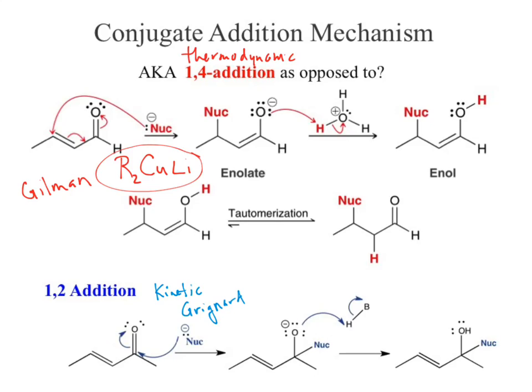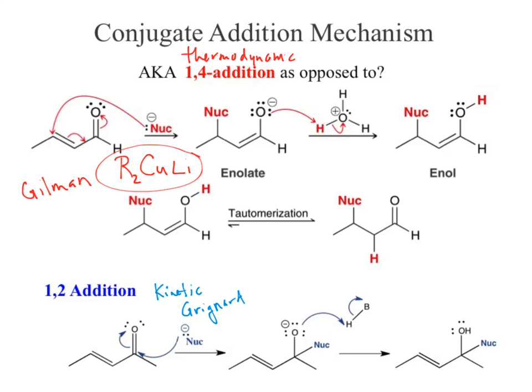What you should be focusing on, particularly with 3 weeks left in the semester, is that under the 1,2 addition conditions, you have a negative nucleophile that is not stabilized, so you're looking at sp3 carbons. If we have a nucleophile that is stabilized, you're looking at a Gilman reagent, and you get the 1,4 addition.